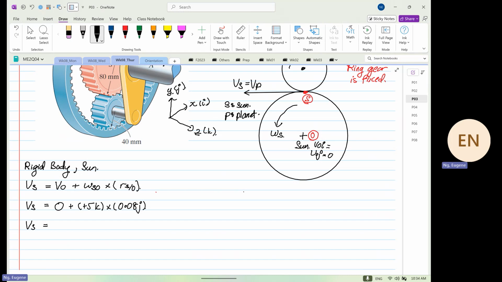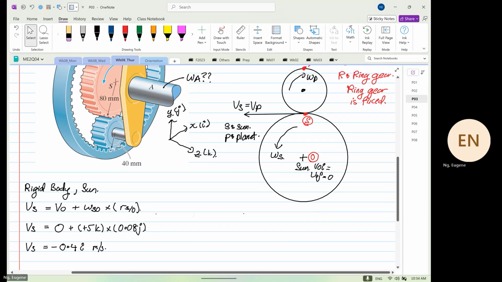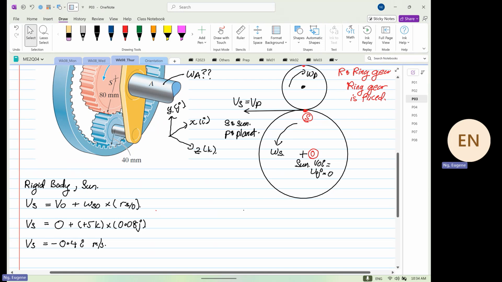K cross J is negative, since you have all positive, so it's minus 0.4 I, meters per second. What it means over here in the I direction, this direction is correct, as it should be.